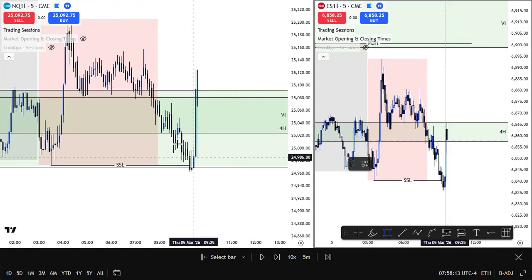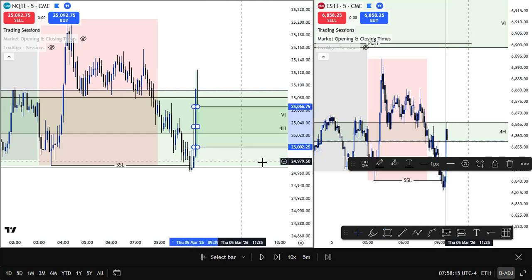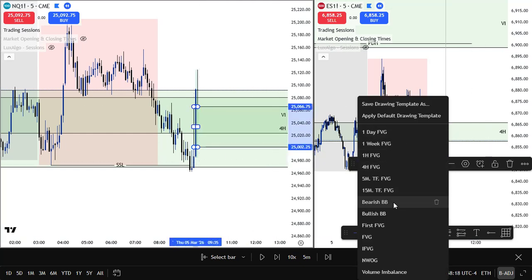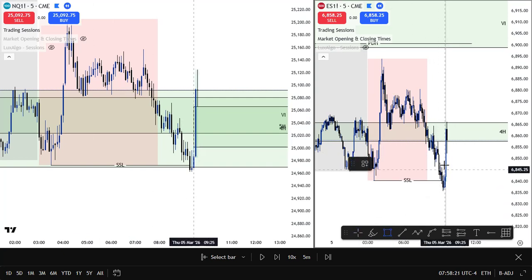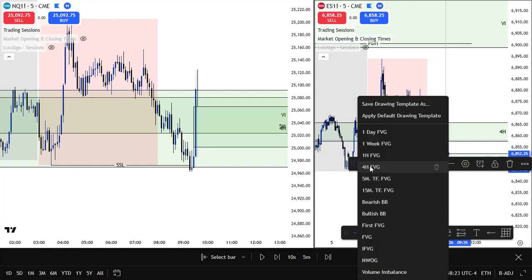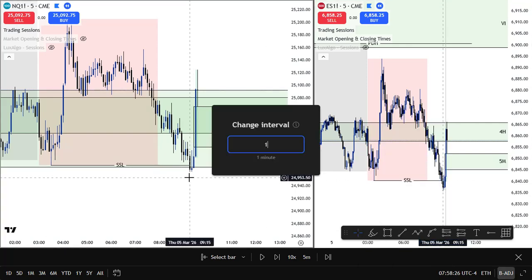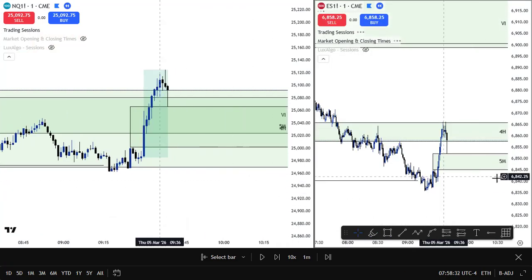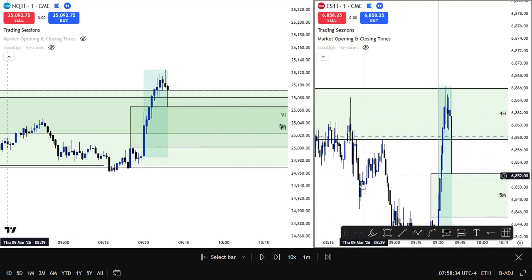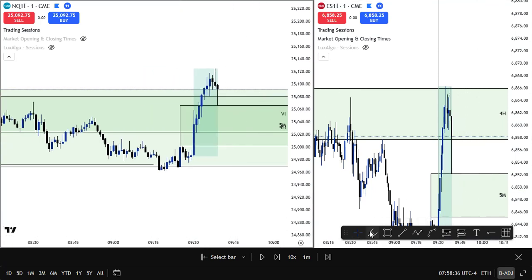I can immediately notice this 5 minutes time frame fair value gap, right? So in addition to that, I also maybe have first presented. I have first presented, I can see it immediately, and this first presented is amazing because let me just turn on market opening times.